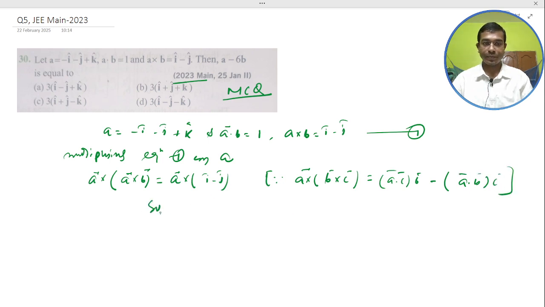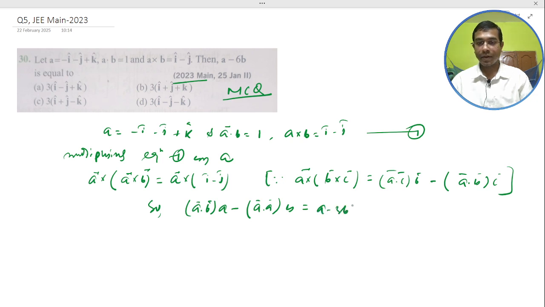So that is (A · B)A minus (A · A)B, which becomes what? A minus 3B. That is equal to, putting this value, (minus i minus j plus k) × (i minus j).